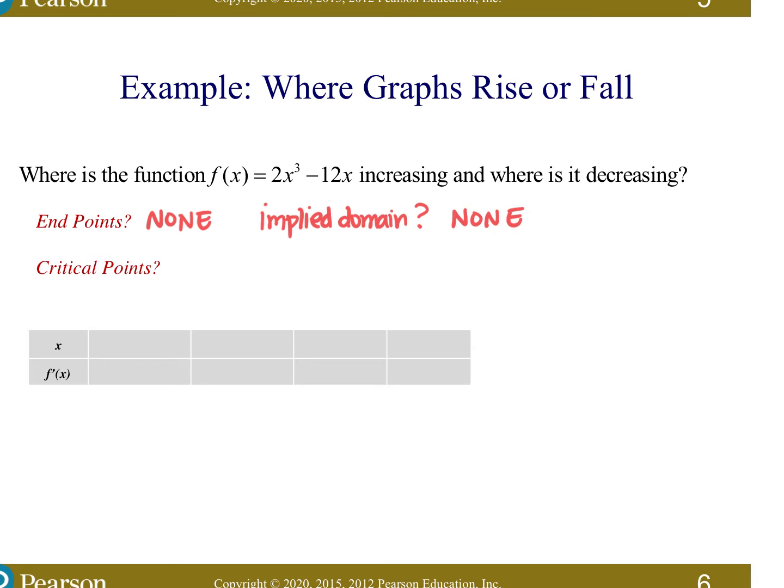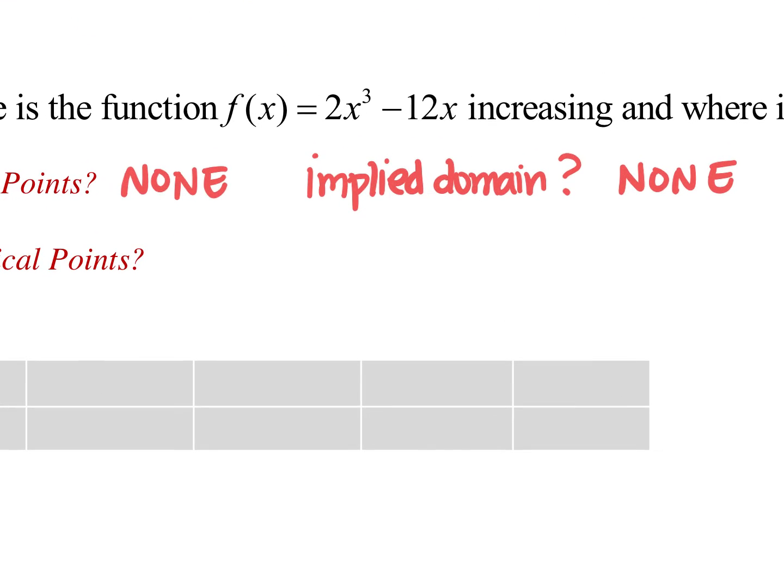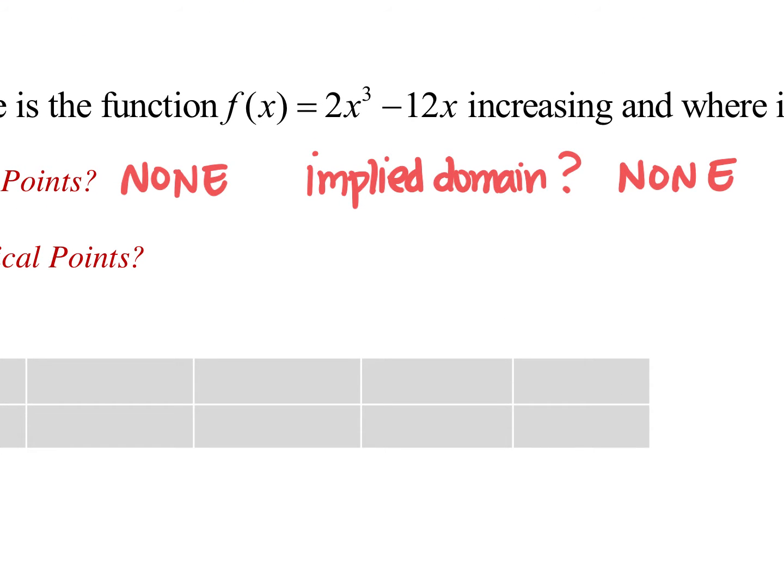Critical points. Do I have any of those? Well, I'm going to do that by taking the derivative. So f prime of x is 6x squared minus 12. That has 6 in common, so it's 6 times x squared minus 2.